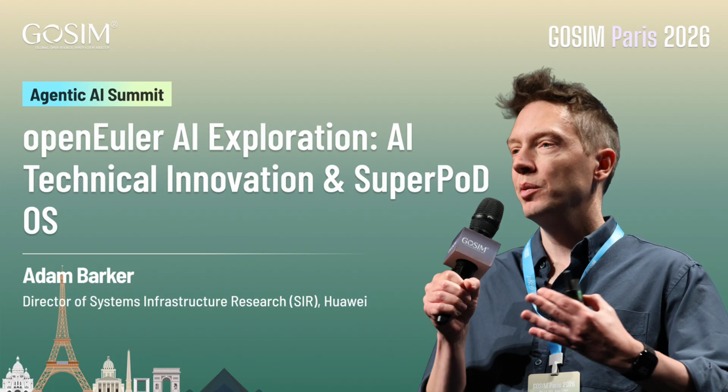So think CXL, but in Huawei, we have UnifiedBus, which has been open sourced as a standard as well. This is one of the foundational technologies that allows you to build these disaggregated hardware architectures. Once you have these things, the system itself can actually behave as a single coordinated machine.